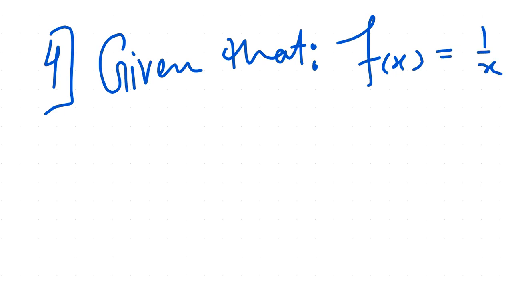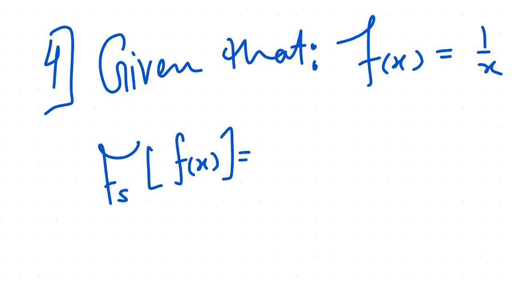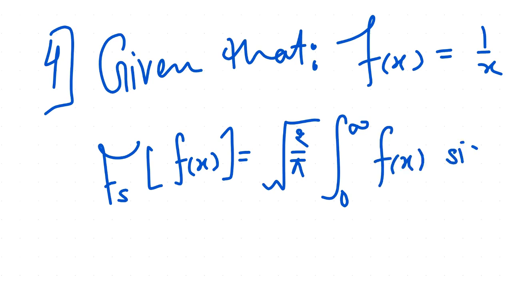Because we need to find for sine and for f(x), by using the formula it will be square root of 2 over pi, and integration from 0 to infinity of f(x) sine sx dx.